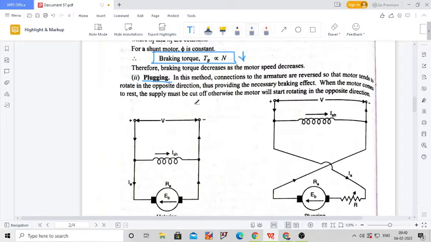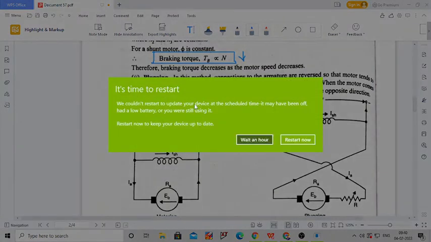So for a DC shunt motor, if you have to reverse the direction of rotation, we simply reverse the connection of either the field winding or the armature winding. If we reverse both, the motor will run in the same direction. So here in plugging, generally we reverse the connections of the armature winding, keeping the field winding in the same polarity.